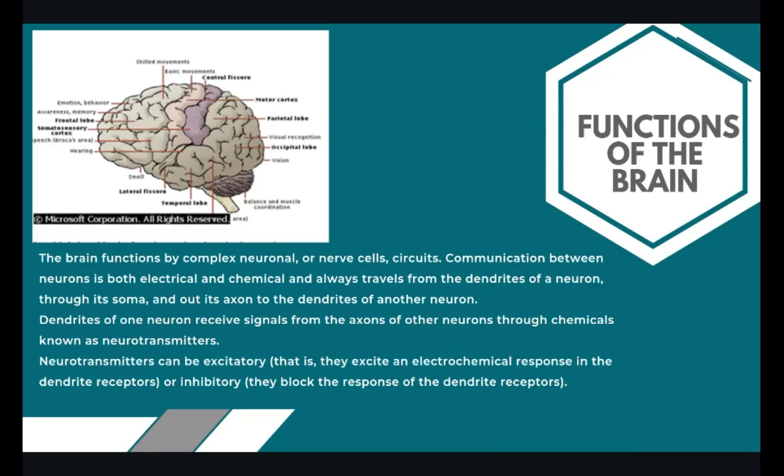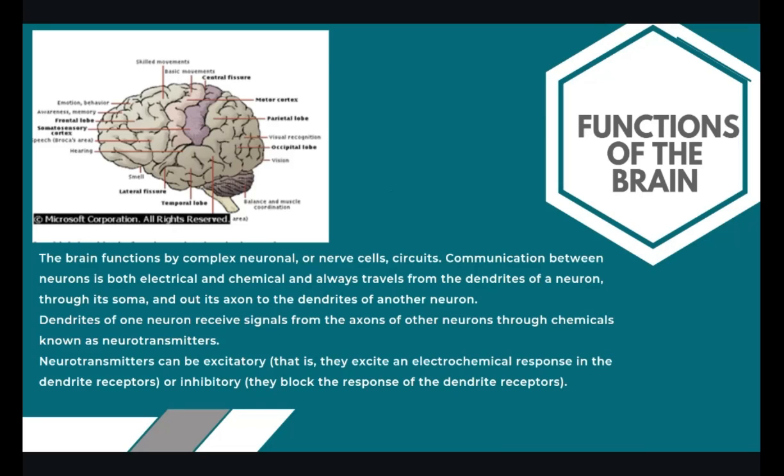The brain functions by complex circuits of neurons, or nerve cells. Communication between neurons is both electrical and chemical and always travels from the dendrites of a neuron through its soma and out its axon to the dendrites of another neuron.